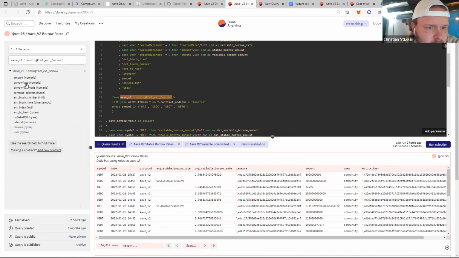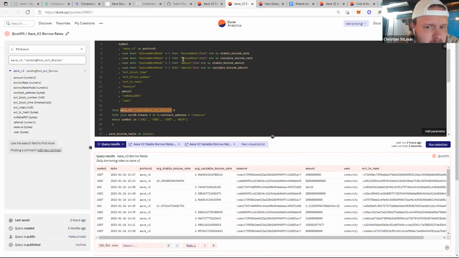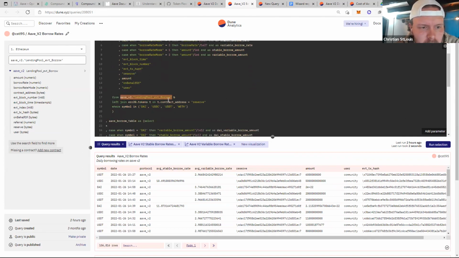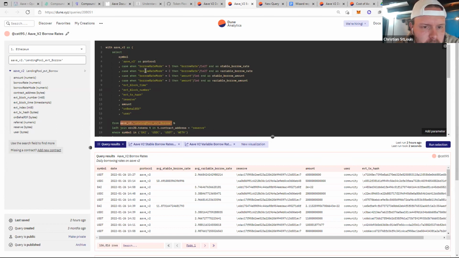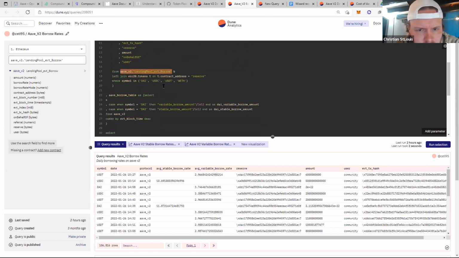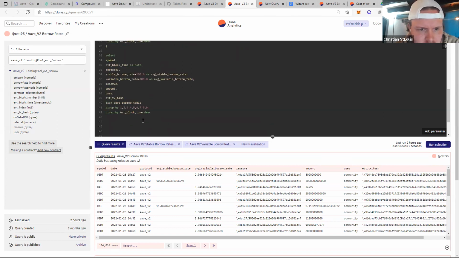Like the amount, the borrow rates, the borrow rate mode, AKA if it was a stable borrow or a variable borrow, the contract address, all this other information. And the reserve and the user that actually did it. So this is where the actual data that we've been using came from for Aave, this exact query.